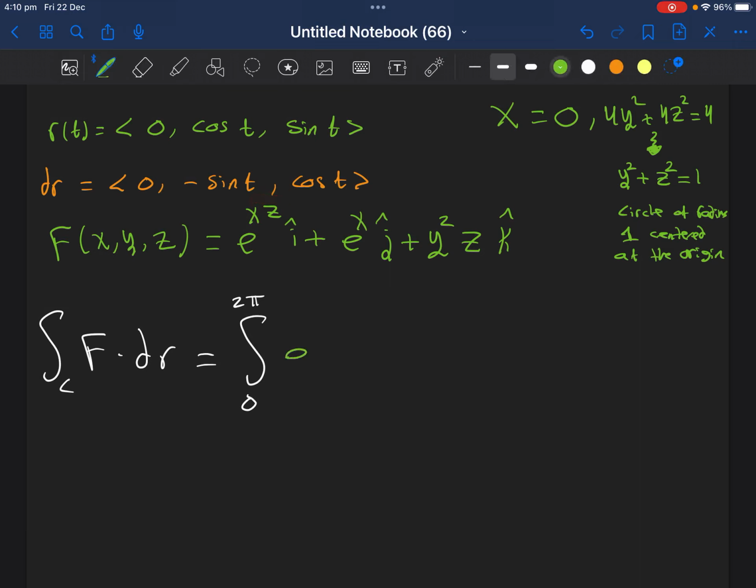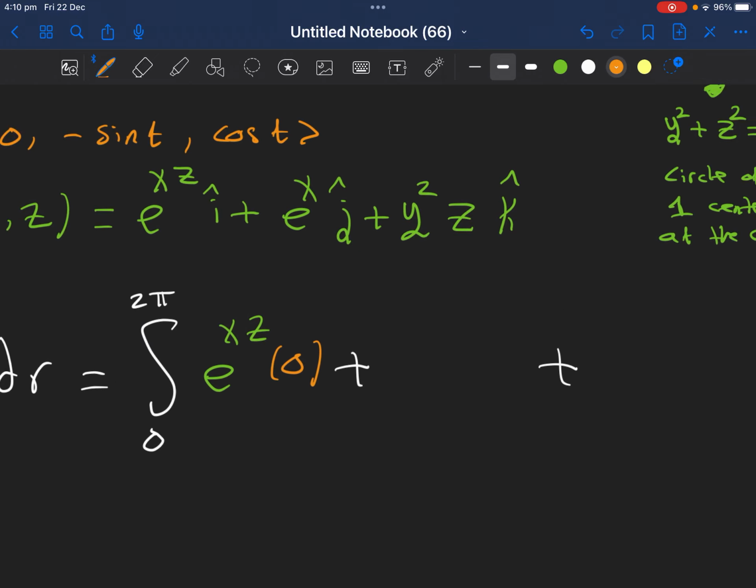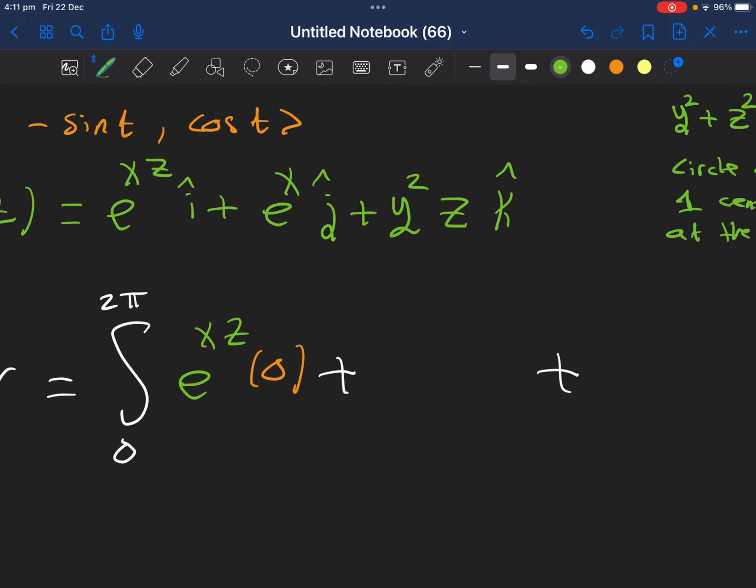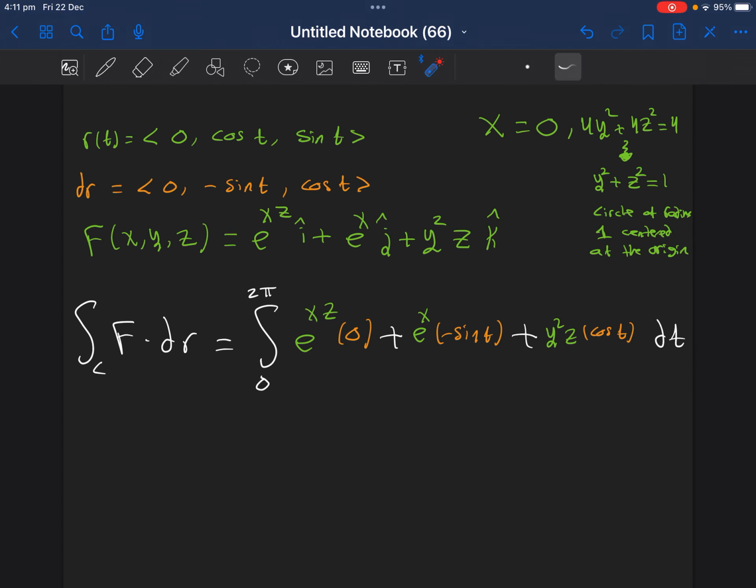Now if we take the dot product, we multiply the first with the first, second with the second, third with the third. So I multiply e^(xz) by 0, plus the second one, which is e^x, multiplied by negative sine t, plus the third one, y squared z, multiplied by cosine t.